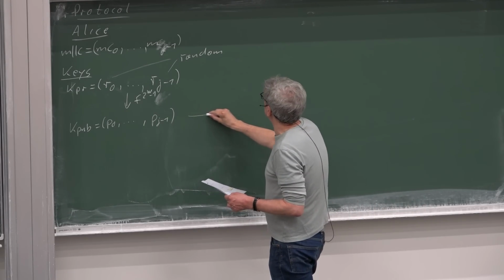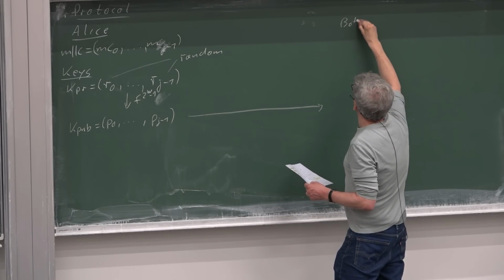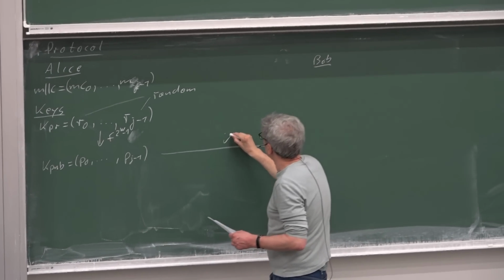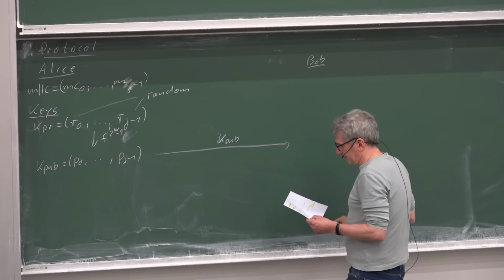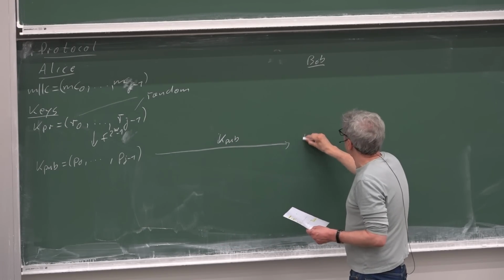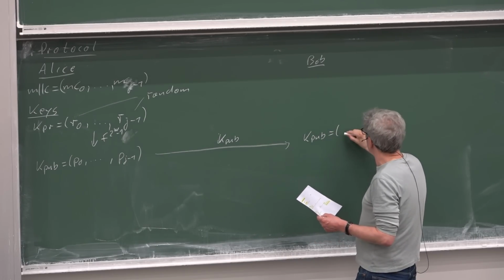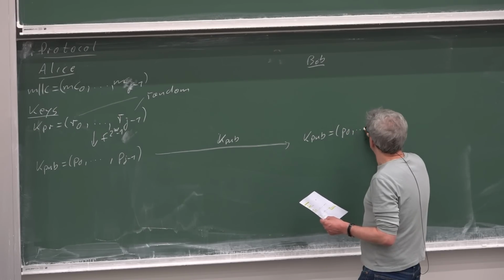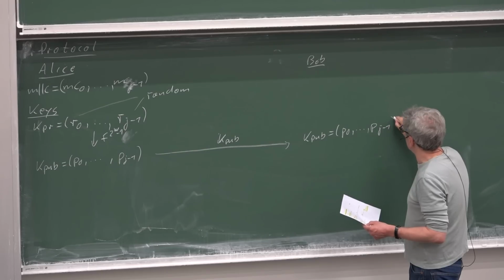And Alice sends to Bob the public key, and Bob gets the public key, just for completeness. He gets a set of values P0 up to P index J minus 1.